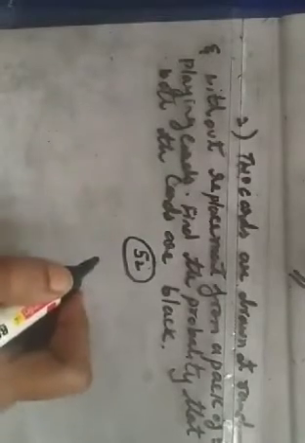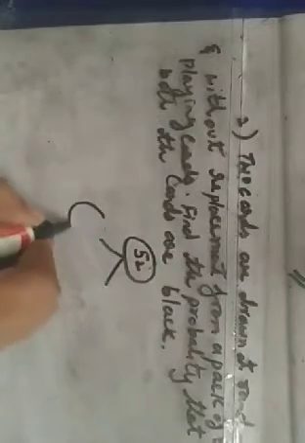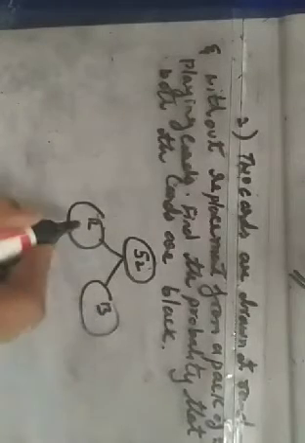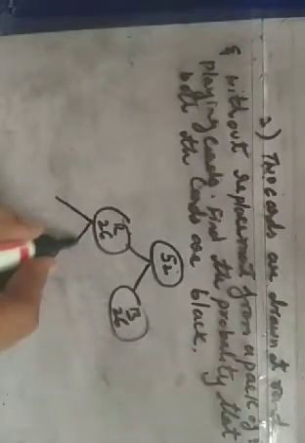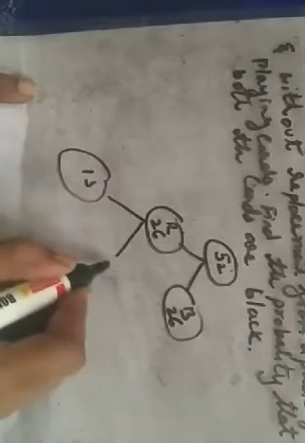Just before doing the card problems, you have to know the chart. There are totally 52 cards. In the 52 cards, it is divided into two parts, that is a red card and the black card. There are 26 red cards and 26 black cards. In the 26 red, it is divided into 13 and 13.